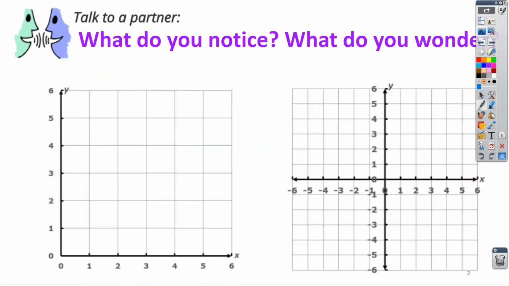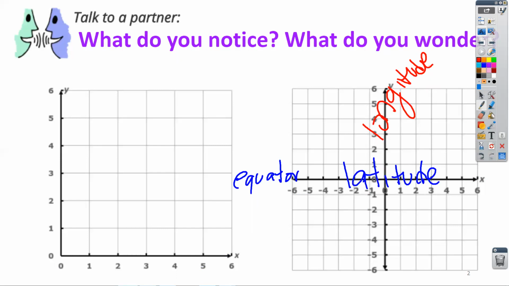Now, one other thing that I noticed is that this graph on the right kind of reminds me of world cultures. So if you think about a globe, this is your latitude, or your equator, and this one here is your longitude, or you can say your prime meridian.